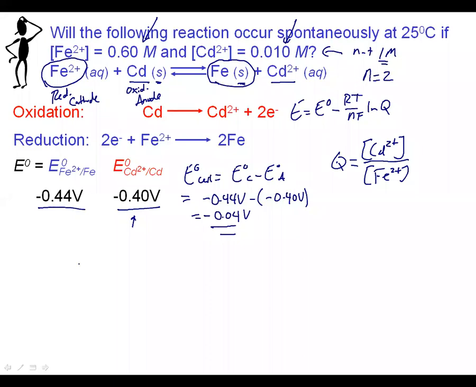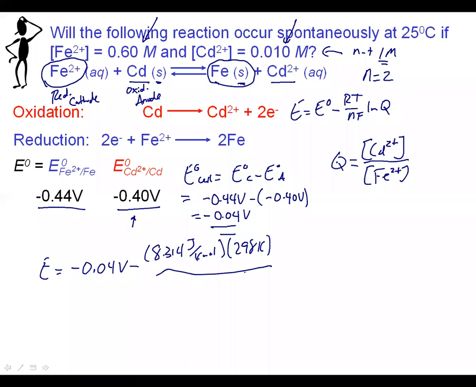So our E will equal our E naught, which is minus 0.04 volts, minus our R, 8.314, our T, which is temperature, 298, divided by n, which is 2, and our F, which is our constant.